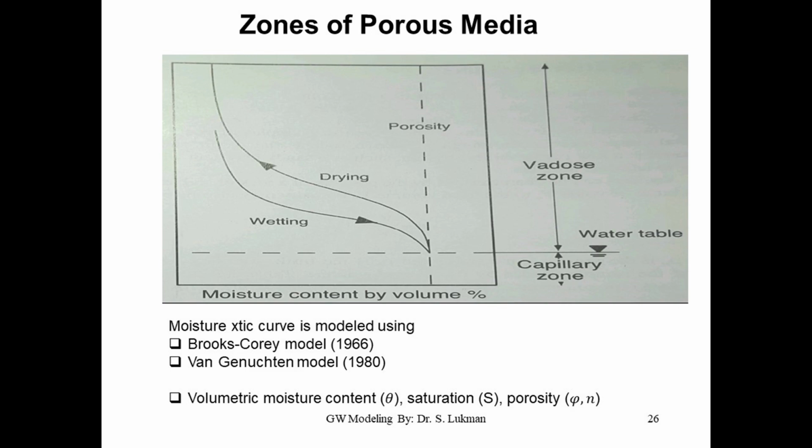Now porosity. Very simple. Volume of voids over the total volume, right? Porosity is volume of voids over the total volume.